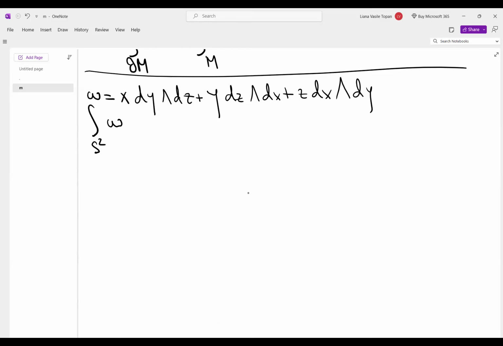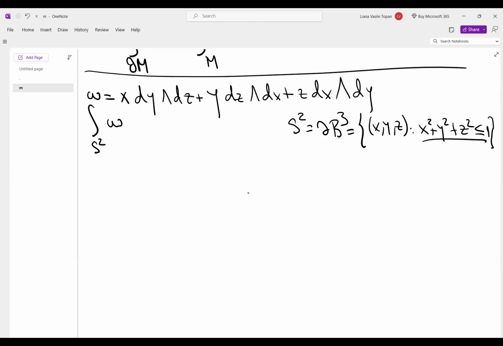So you see, we can look at using Stokes theorem. So we can look at S squared to be the boundary of B3, right? This is the closed ball in R3 with radius 1. You see, what's the boundary of this set? It's given by the triples x, y, z for which x squared plus y squared plus z squared equals 1.